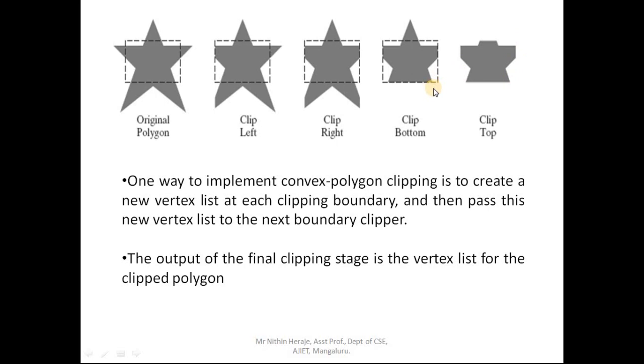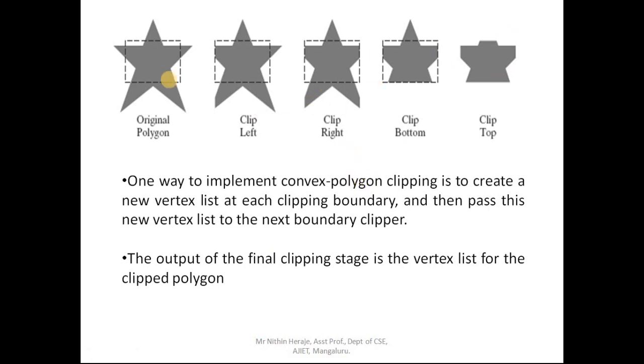These are the new vertex list that is passed. Initially, how many vertices did we have? 1, 2, 3, 4, 5, 6, 7, 8, 9, and 10. This is the new number of vertices, and this has to be passed.